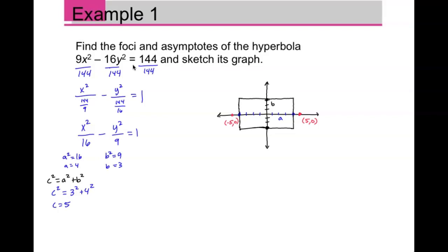All right. So our asymptotes go through the center and through the corners of this rectangle. So like this.